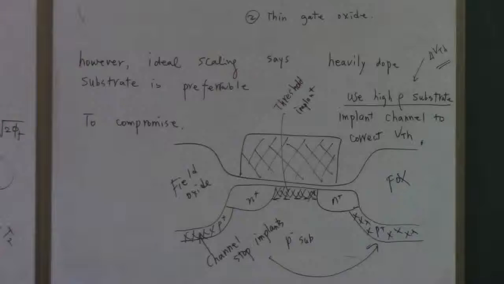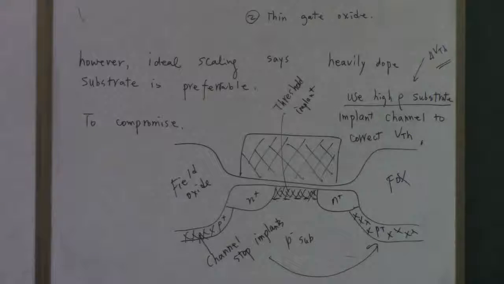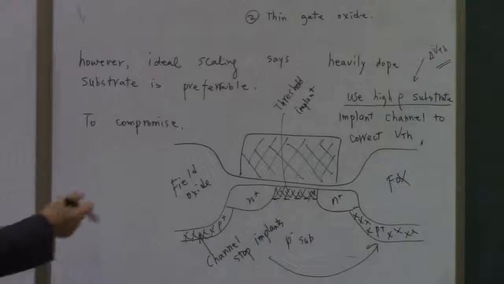And as far as the device function is concerned, you have to have another compromise for the implantation of the channels, which we are going to discuss in the substrate resistivity selection in the next section.